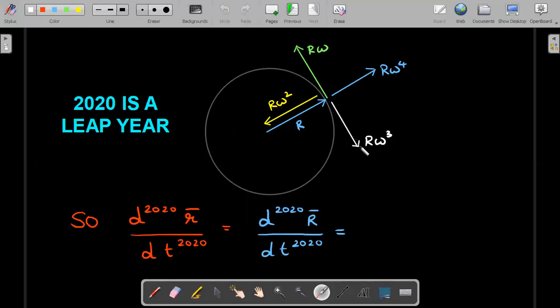I think the third differentiation is r omega cube, the fourth differentiation would be r omega power 4, and therefore I think we can dare to say that 20 times of differentiation would finally put it in the direction of a radius vector, and therefore differentiation of small r bar is the same as differentiation of capital R bar. I think you all will agree that the result would be in the blue direction and would be r omega power 20 in magnitude, and in direction it would be r cap.